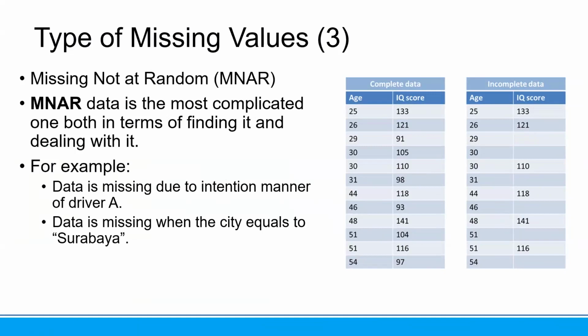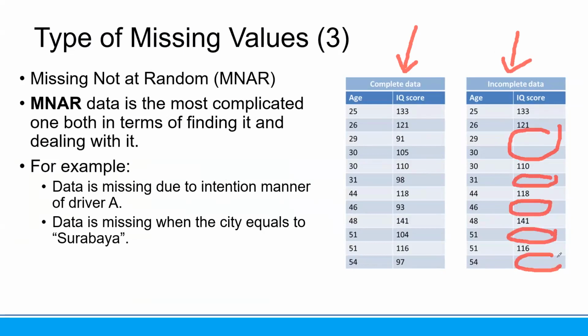So if there is a particular pattern that you can understand, then it is good. But sometimes it is difficult to find. Now let's see this table. Suppose I have this complete data, and then I want to check the missing values. Can you see any patterns of this? Is there any pattern?